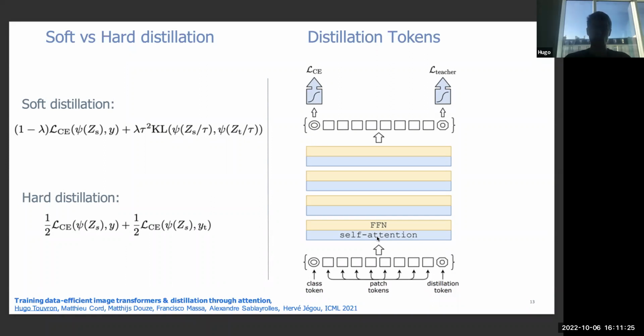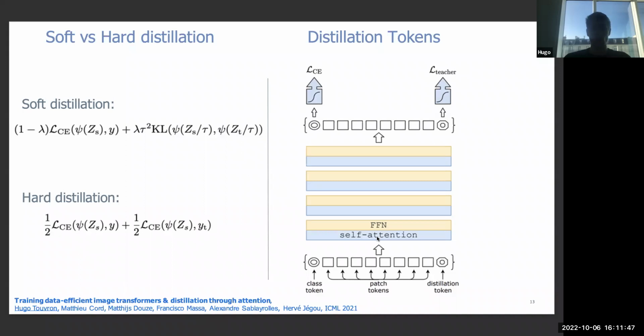So we try to reincorporate in a certain way this spatial prior from ConvNets. To do that, we use knowledge distillation. Thanks to the knowledge distillation, we want to introduce some soft spatial prior from ConvNets in the transformer architecture.